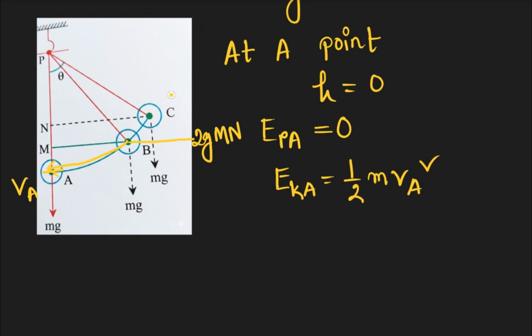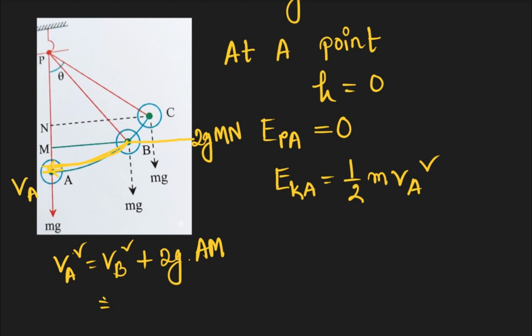So Va squared equals VB squared plus 2g, and there is no height traveled, is it? Of course there is some height traveled. How much height is traveled from B to A? It is AM. Let's write here AM.